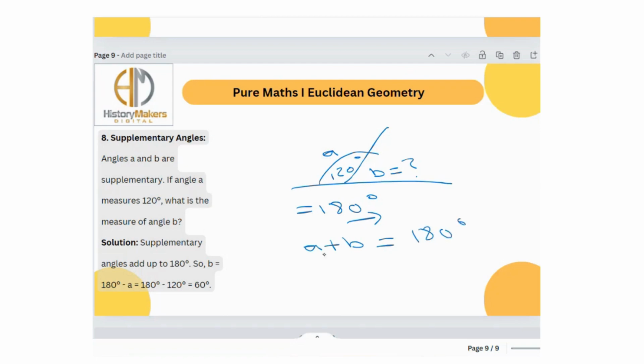Because you're looking for B, you take A to the other side, which is 180, and we know that A is 120. Therefore, our B is equal to 60 degrees. That's angle B, and that's how you calculate angle B. So it's going to be 60 degrees.